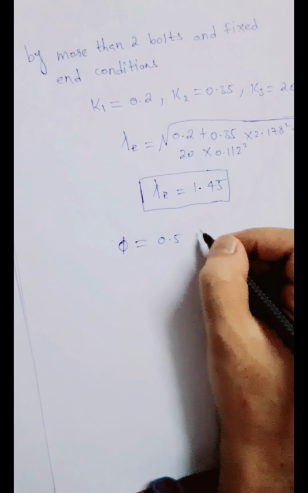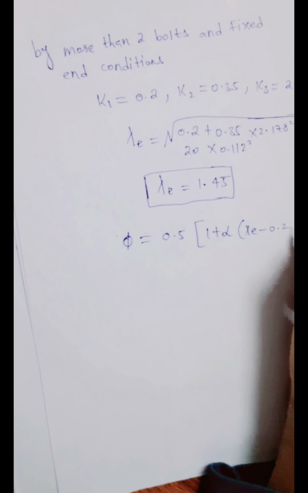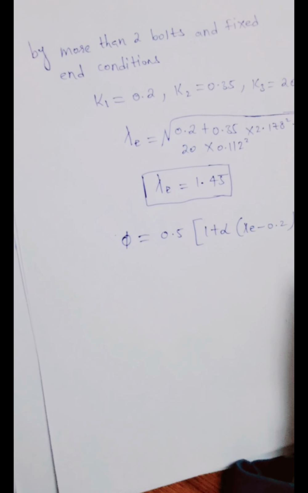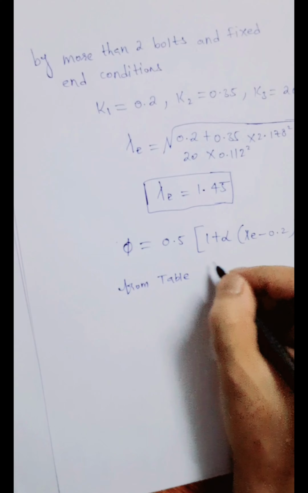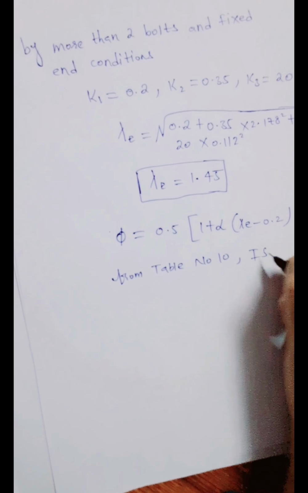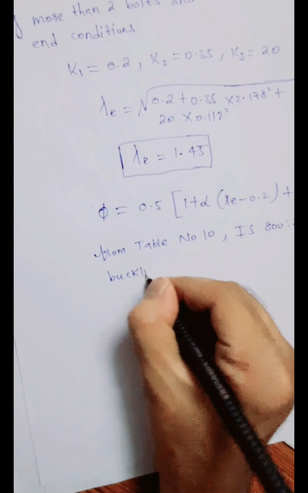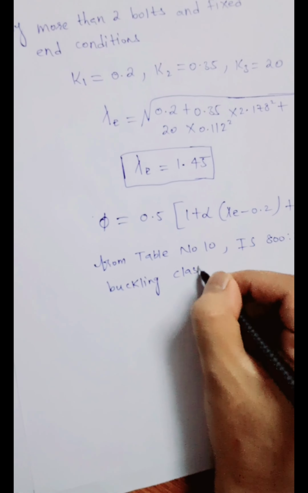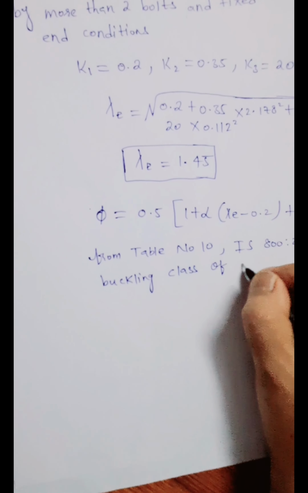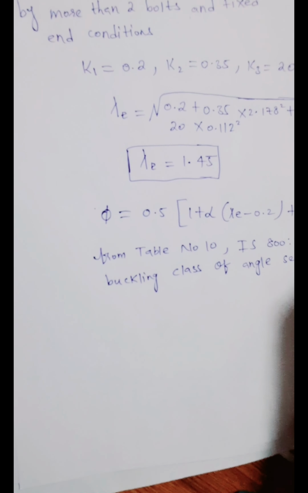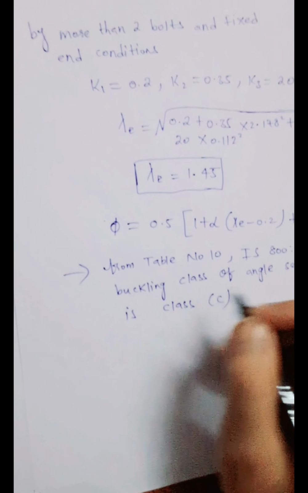Phi is equal to 0.5 into 1 plus alpha into lambda e minus 0.2, plus lambda e square, from Table 10 of IS 800:2007. The buckling class of angle section is class C, clearly mentioned in your code book.